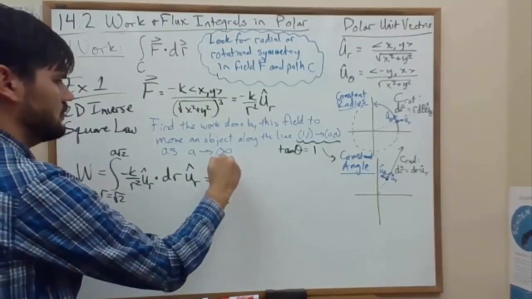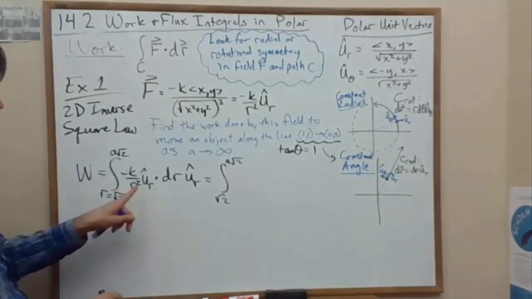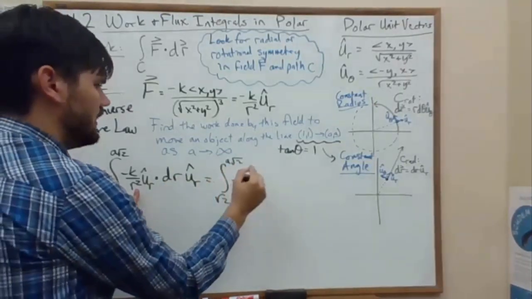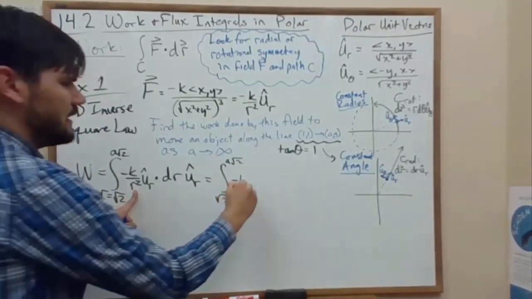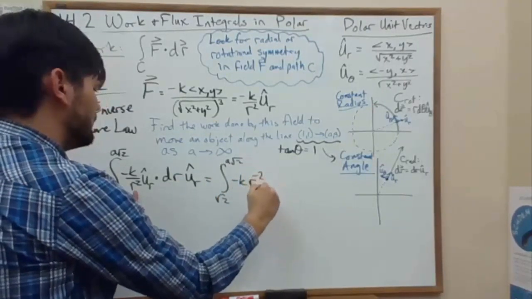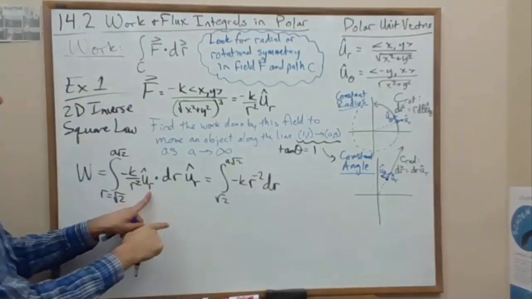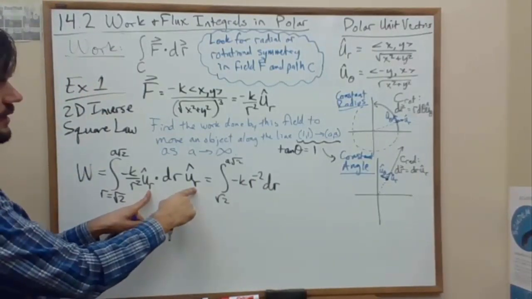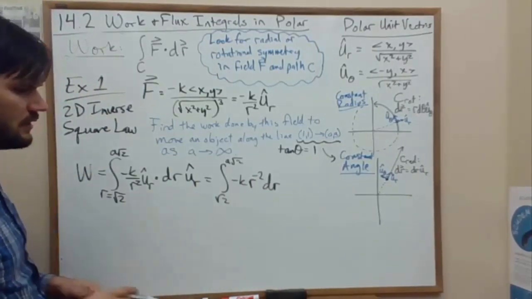Well, we have the scalars, negative k, and I'll write this as r to the negative 2 dr. And then we have ur dotted with ur. Now these are both unit vectors.